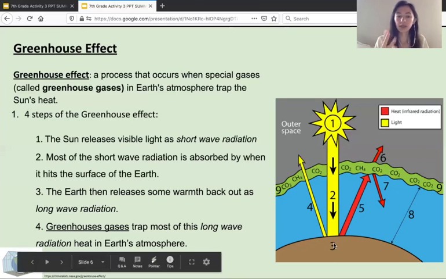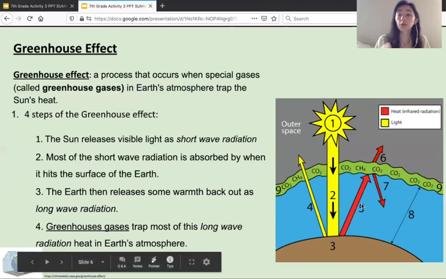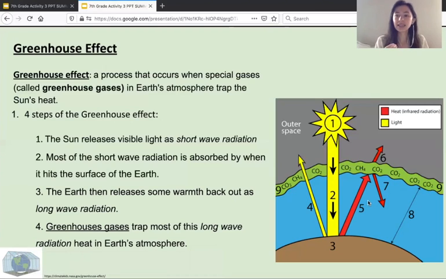Then step 3, some of that shortwave radiation that was absorbed is going to be radiated back out from the Earth's surface in the form of long wave radiation. That's what's in red here. Long wave radiation is known as heat. So it's thermal energy, if you remember that term from back in the fall.